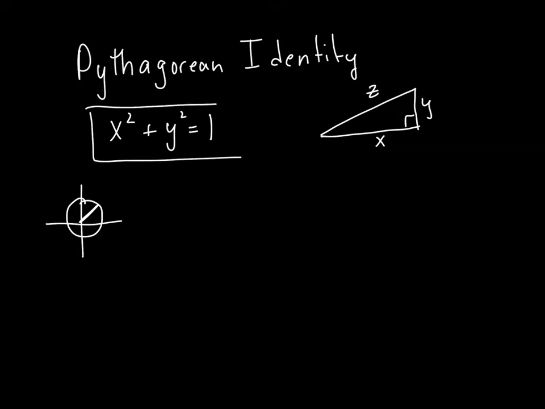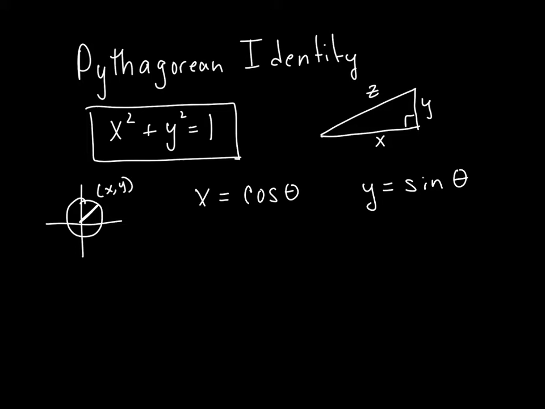Now, what I'm going to do with this is, because I know on the unit circle x has the same value as the cosine of theta, and y has the same value as the sine of theta, I'm going to go ahead and replace those.